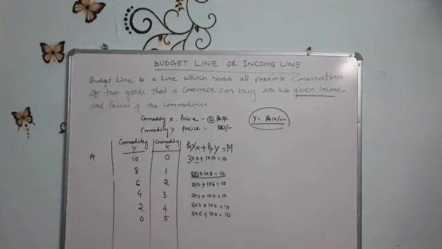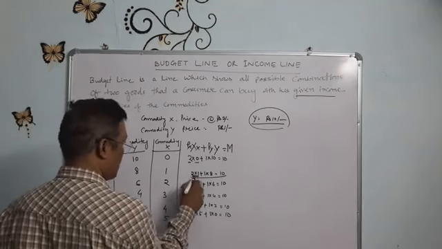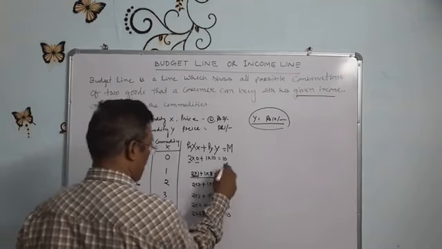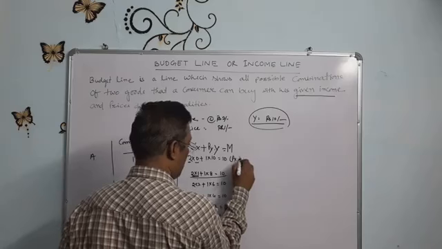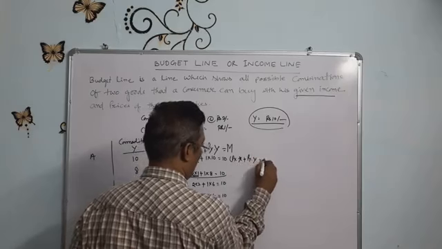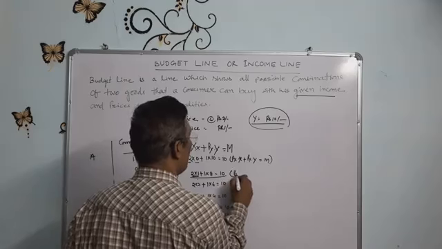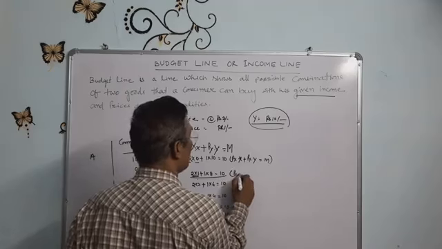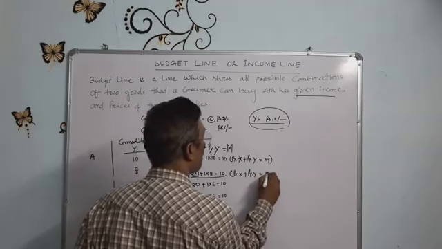So everywhere if you see, Px into X plus Py into Y equal to M.